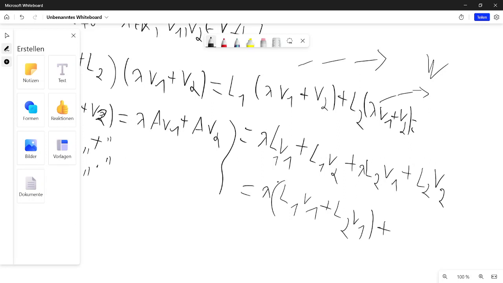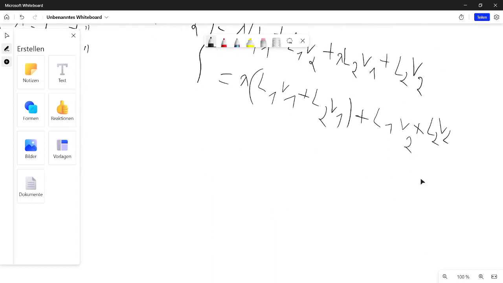Here I as well, no, here I just use, as I said, the commutativity, and I just use this associativity, right? The group property of the vector space W, right?